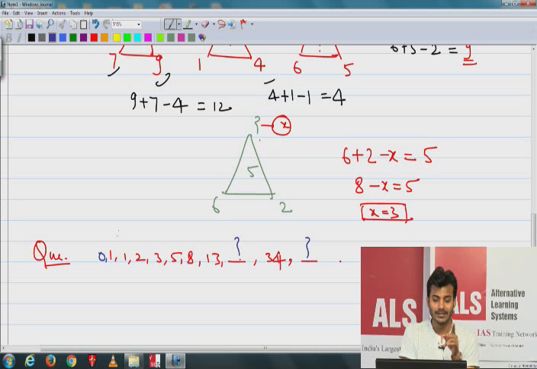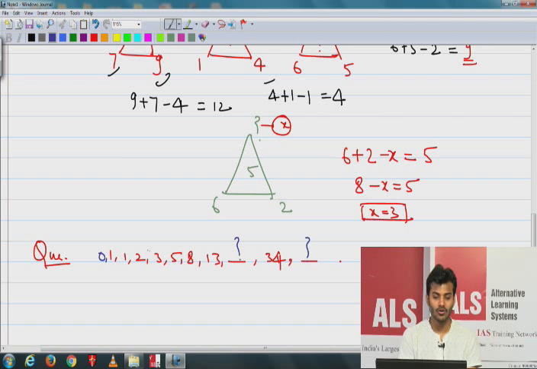Because the next number is the summation of the two previous numbers, two previous digits, right? See here, I can write 1 plus 0.